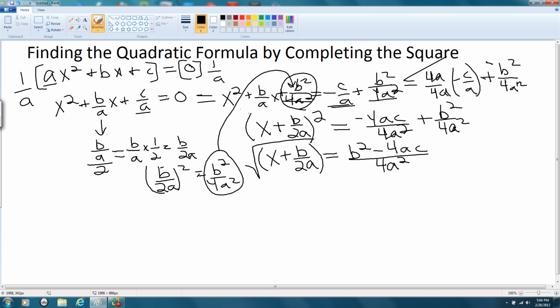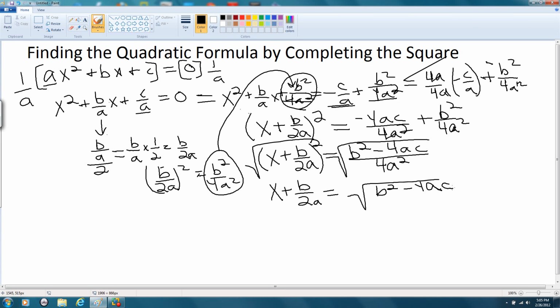Okay? Now what we're going to do is take the square root of both sides. On this side, this is squared, by the way. This becomes x plus b over 2a is equal to the square root of b squared minus 4ac all over 4a squared.